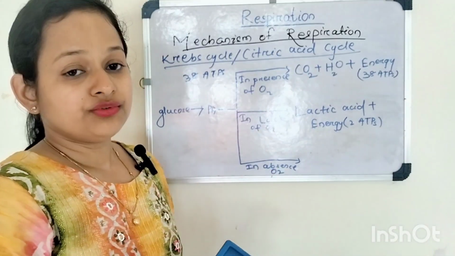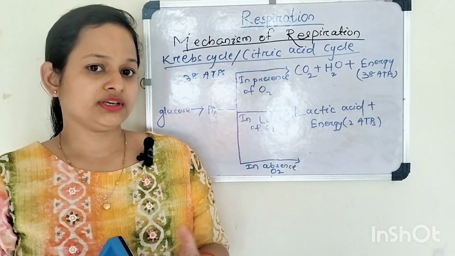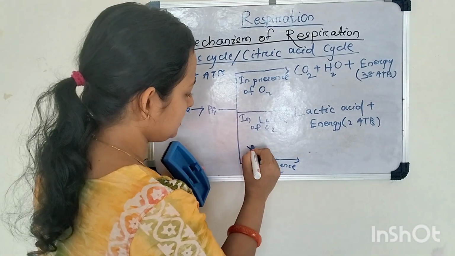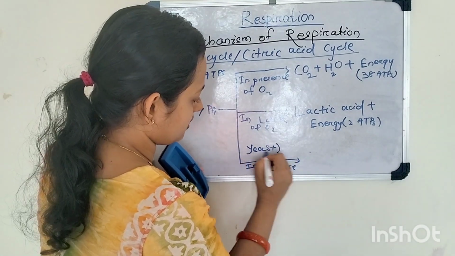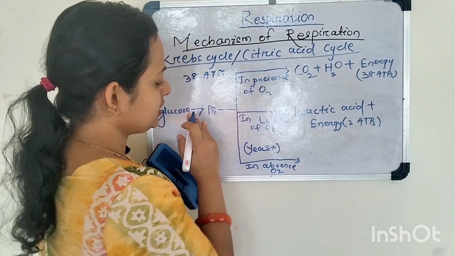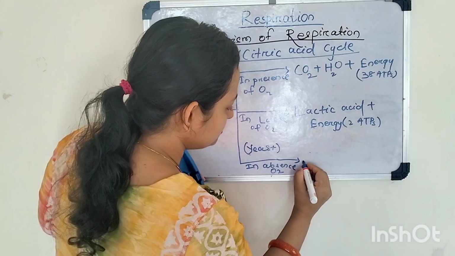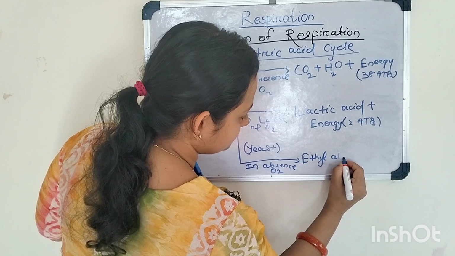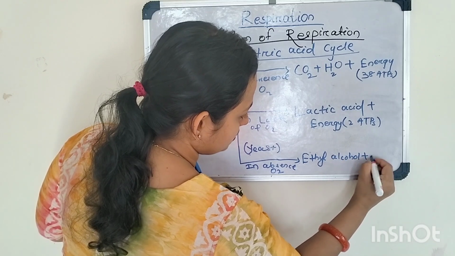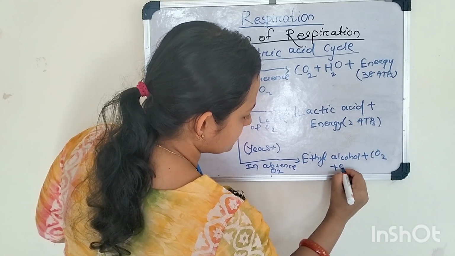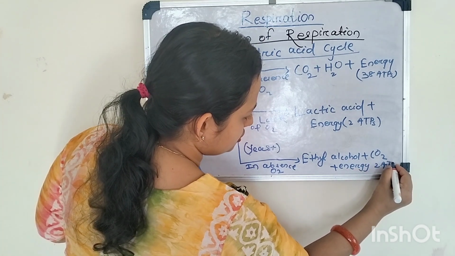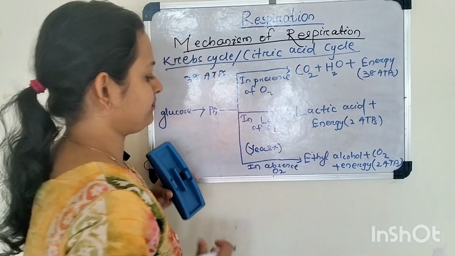And in the absence of oxygen, that is the anaerobic mode of respiration, which occurs in yeast, the pyruvic acid will convert into ethyl alcohol plus carbon dioxide plus energy, which is also 2 ATP.